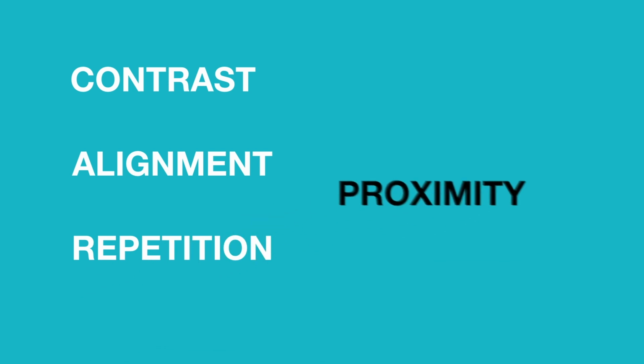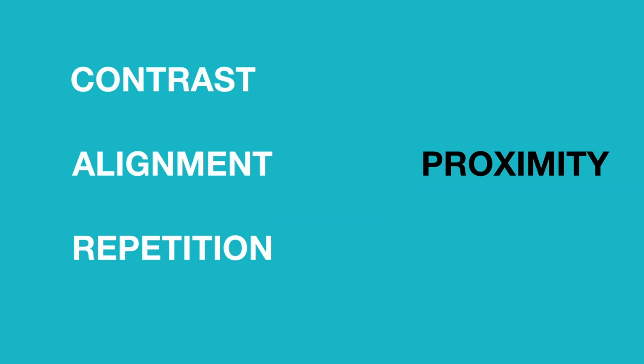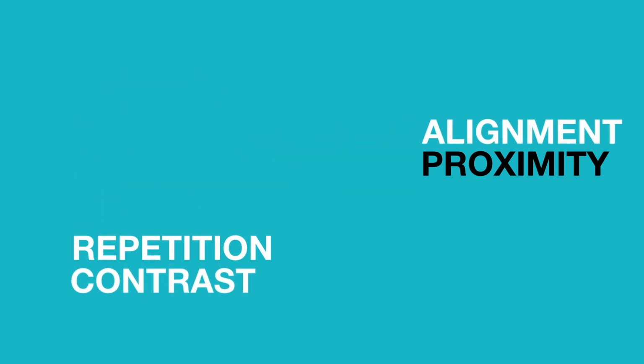If now I move proximity somewhere else, here I understand it is isolated, it is different, it is an outcast. And if I again change the proximity of the words, I have the impression to have conceptually the same relation between repetition and contrast and alignment and proximity, just by changing their space, their position on the screen.